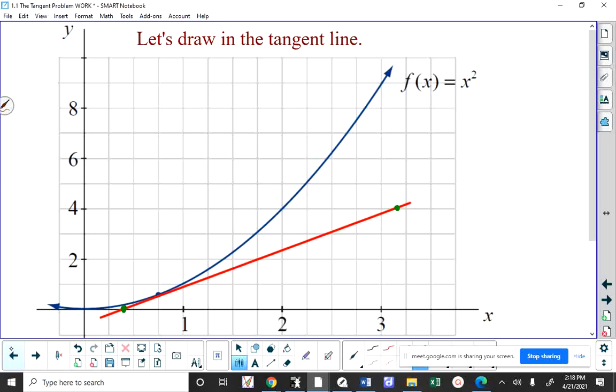I wouldn't mess up your graph with this. I would do that someplace else where you have space. I would have 4 minus 0 over, let's see, this is 3.25. Oh man, I don't know, 3.15.